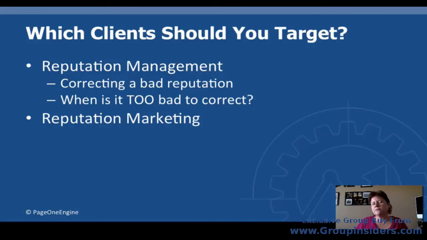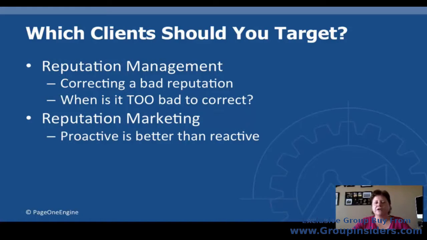So we talked to them about doing a positive marketing campaign, what we like to call reputation marketing. In other words, trying to actually do the diligence ahead of time to get enough ratings and rankings out there for them that when they do get a negative review or they do have something negative about them, it's going to be very easy to deal with. We call that reputation marketing because proactive is better than reactive.